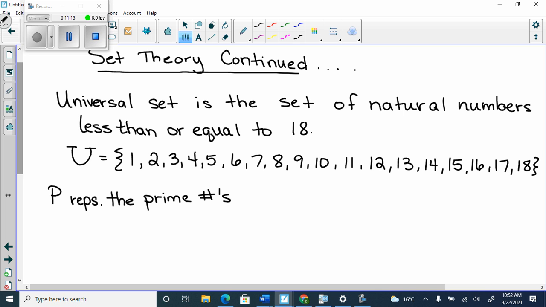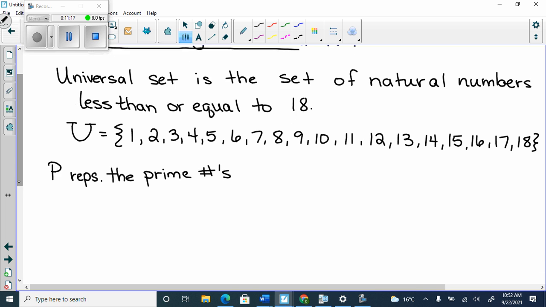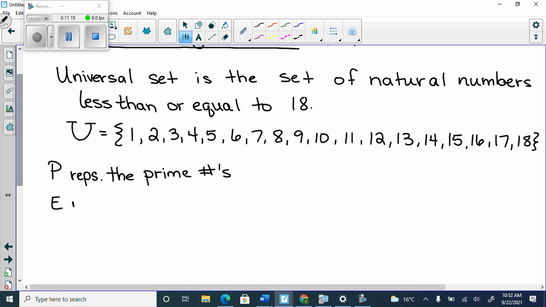No, because I just gave you the universal set. Those are the only options you have, right? So P represents the prime numbers. E represents the even numbers. L represents the odd numbers.